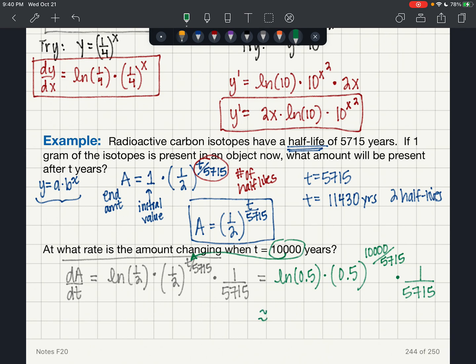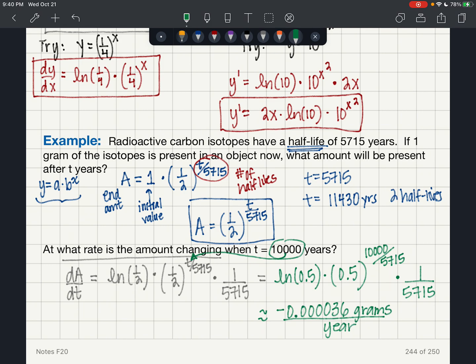I'm going to give you a minute to put that in. I'm getting a negative 0.00036, so that's 36 hundred-thousandths of a gram per year.